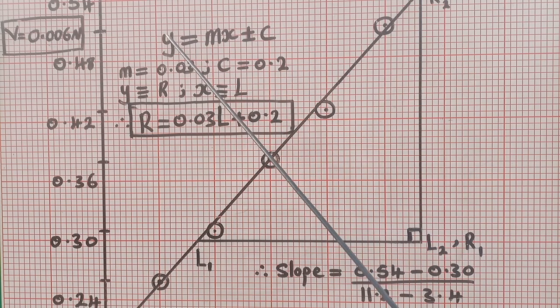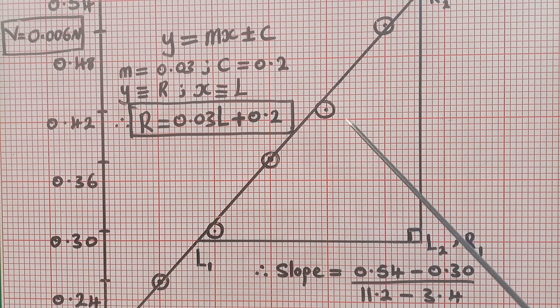Based on this, we now conclude that this y, which is R, is equal to this slope, 0.03, x is our L, we put our L here, plus or minus. Now we know that the intercept we had is not minus, it is plus. And our c is this 0.2.